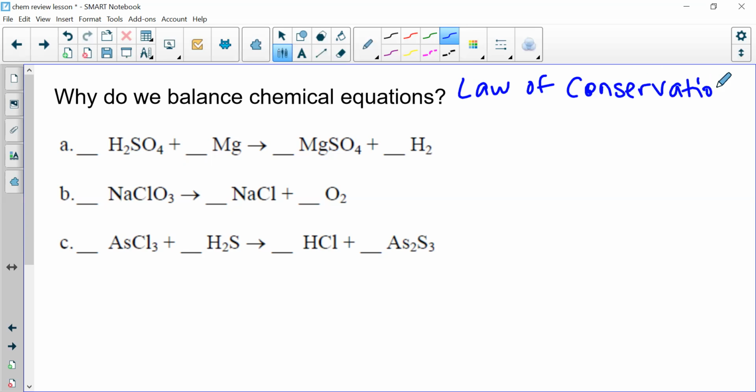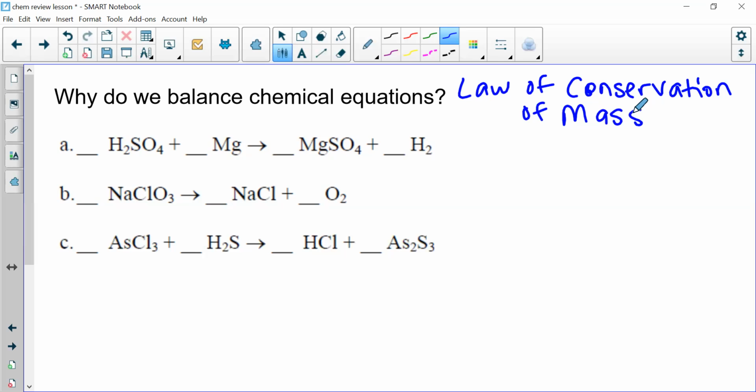Exactly. We have to show the law of conservation of mass, which is a law, is true here. So the number of atoms on the reactant side have to equal the number of atoms on the product side. We can't create or destroy matter. So those atoms on both sides have to be equal. So it's demonstrating the law of conservation of mass.